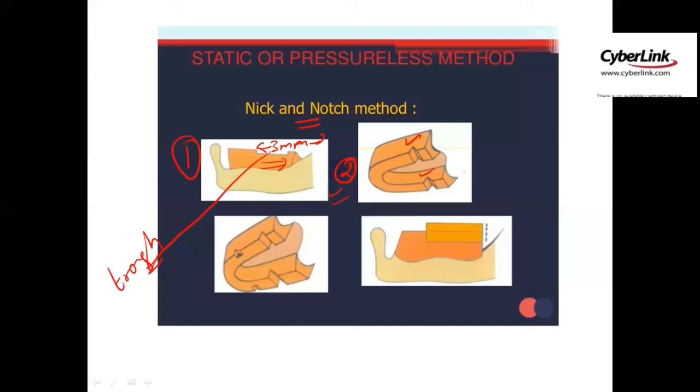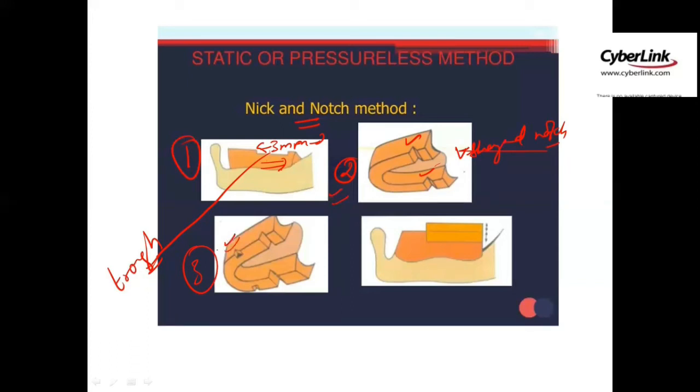The notch resembles a V shape, running totally across the width of the occlusal rim. One nick is cut anterior to the notch. This is also V-shaped, but does not extend through the width of the occlusal rim.